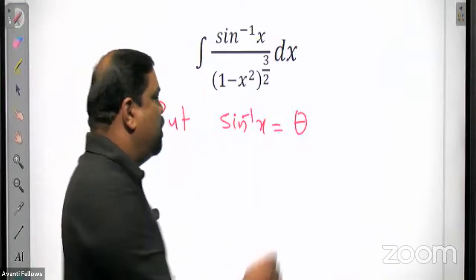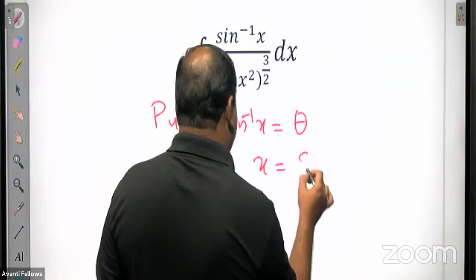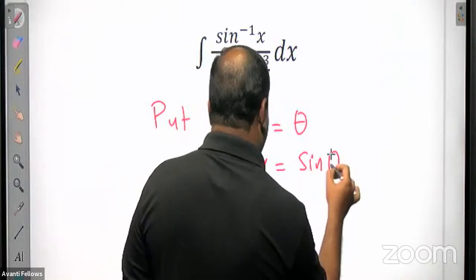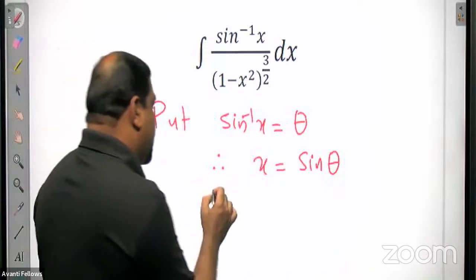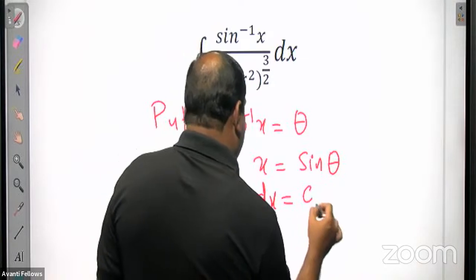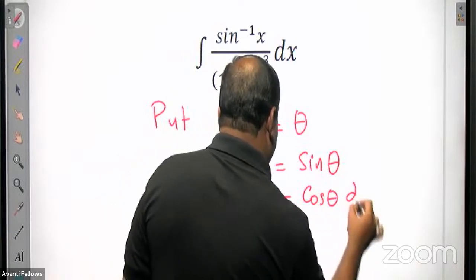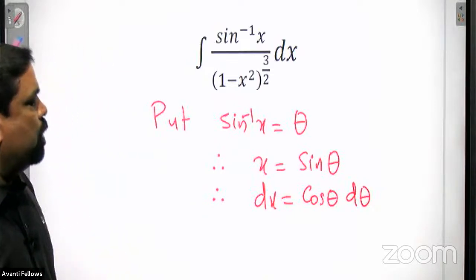So sine inverse x equal to theta means what is x? x equal to sine theta. And dx is equal to cos theta d theta.